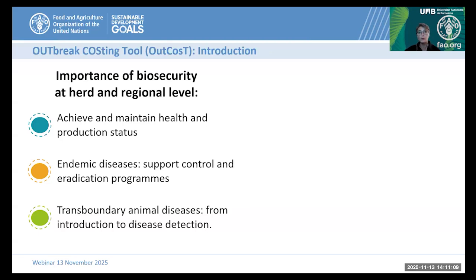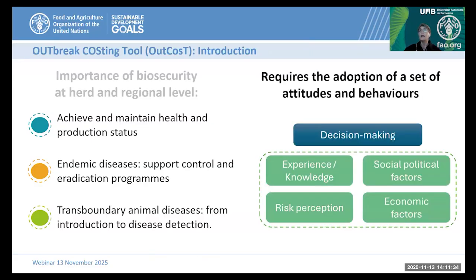It can contribute to the success of eradication and control programs. And its importance becomes even greater when we talk about diseases that are not present in a territory, such as transboundary animal diseases, because biosecurity in this case represents the only barrier in the time lag between the introduction of the disease in the territory and its detection.